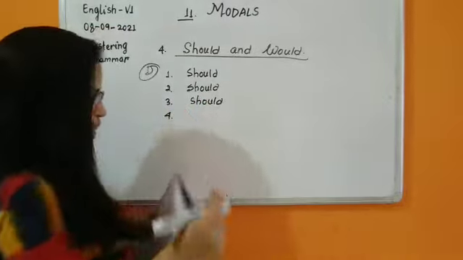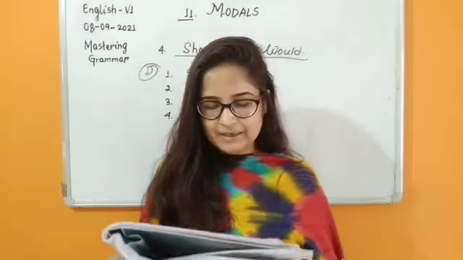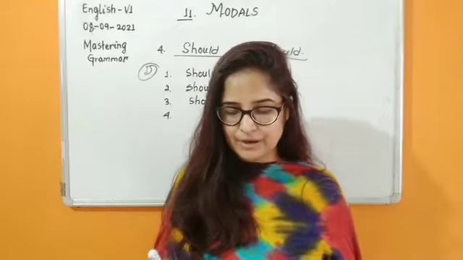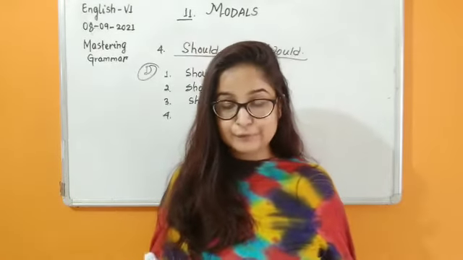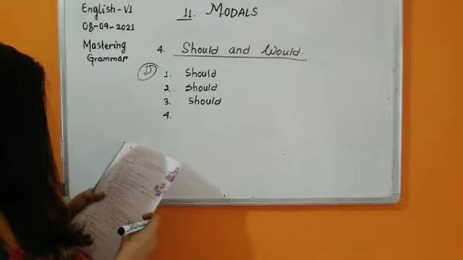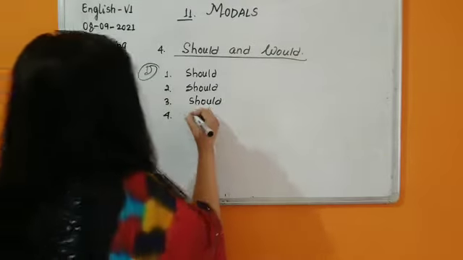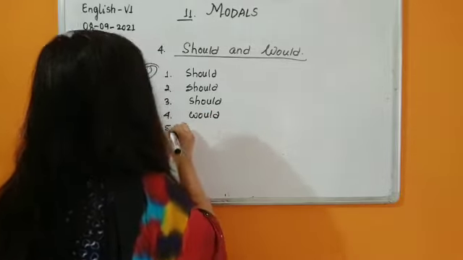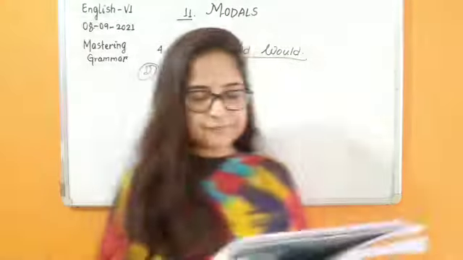Number 4. He told me he dash give me the iPod after repairing it. He would. Okay. So it is used as the equivalent of will because we are referring to the past. Number 5.